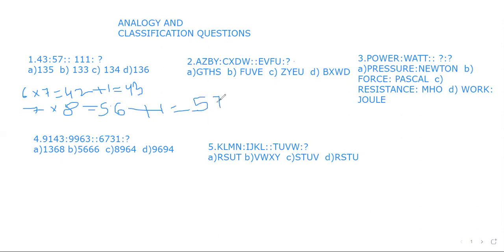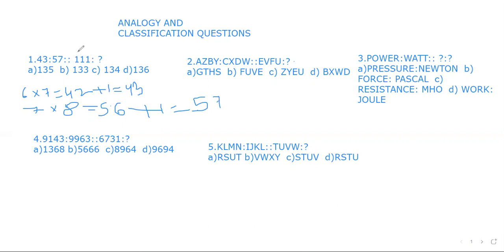Now you see, two consecutive numbers, if I multiply, I'm getting 42, and if I add 1, I'm getting 43. Similarly, after 6 the number that comes is 7, and after 7 comes 8. 6 into 7 is 42, plus 1 is 43. 7 into 8 is 56, 56 plus 1 is 57.